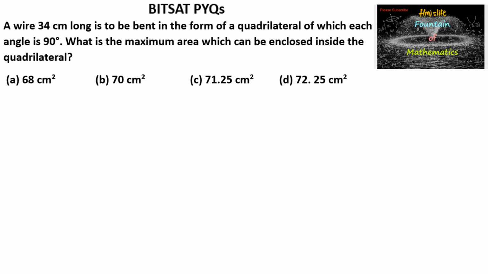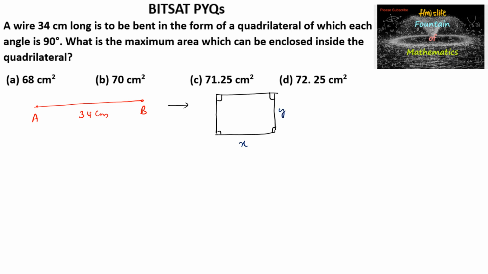A wire 34 centimeter long is to be bent in the form of a rectangle. Let us consider AB with 34 centimeter, which is shaped into the form of a quadrilateral, of which each angle is 90 degrees. If each angle is 90 degrees, it must be a rectangle. So let us consider x is the length and y is the width.